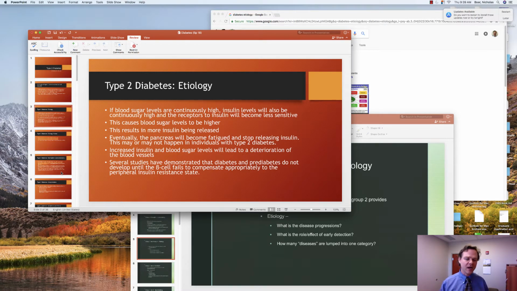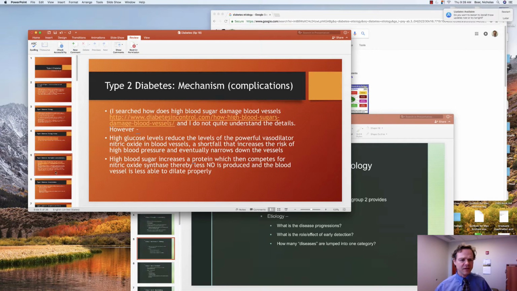So you could talk about high cholesterol, and how high cholesterol occurs, but then you would need to talk about at some point how that can potentially lead to a stroke, or how that can lead to a heart attack. That's the end point, and you've got to describe and discuss the mechanism to get to that point. So make sure that you're doing that as well.